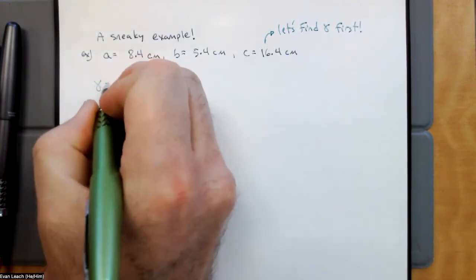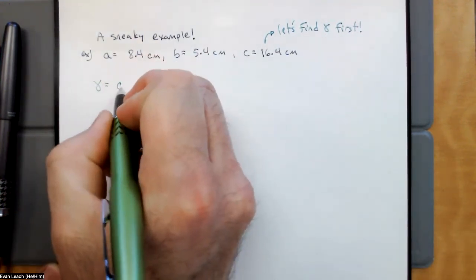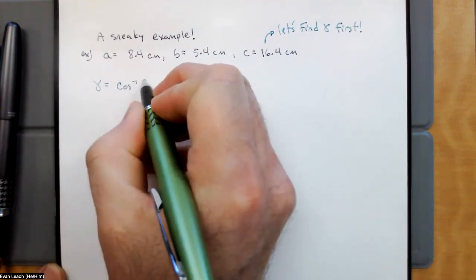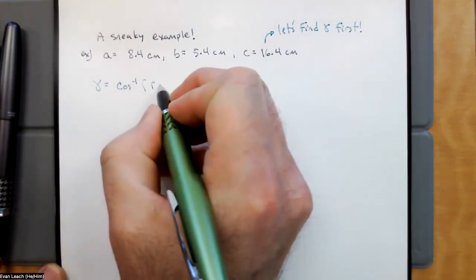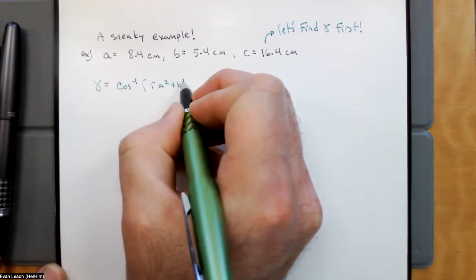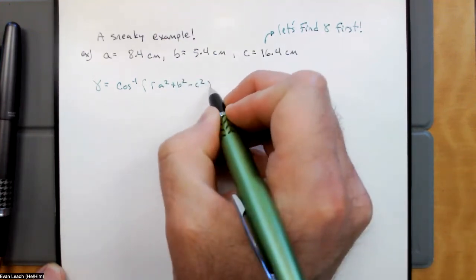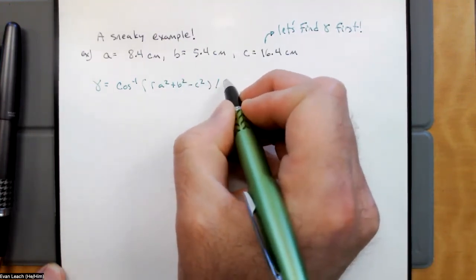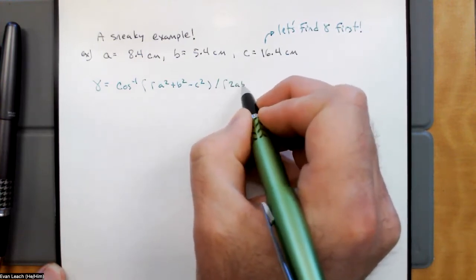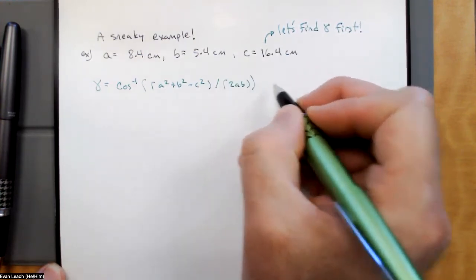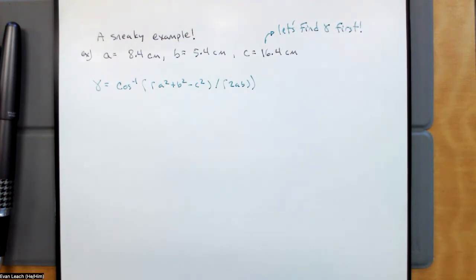So gamma, like we got in the last problem, was cosine inverse of, open the numerator, a squared plus b squared minus c squared, close the numerator, divide, open the denominator, 2ab, close the denominator, close the cosine inverse. So we're going to start by practicing writing down what the law of cosines is for gamma, and then we can plug numbers into it.